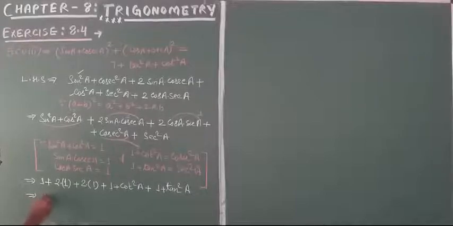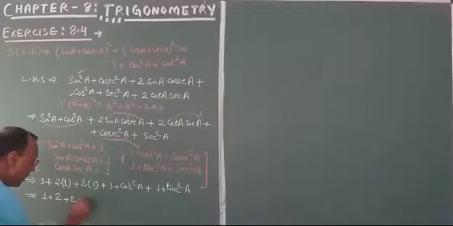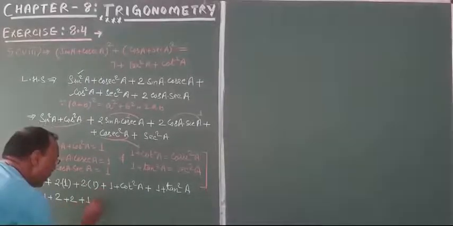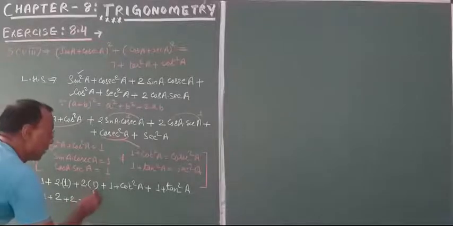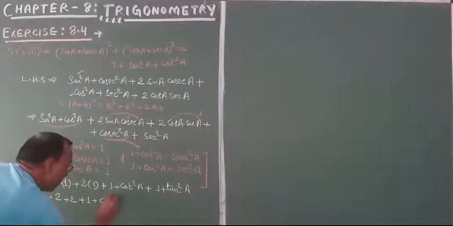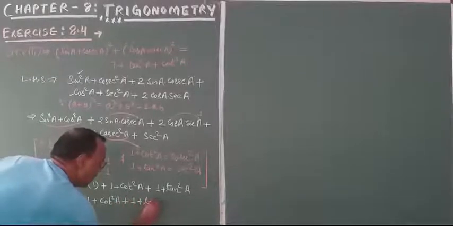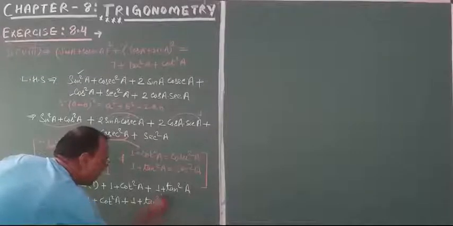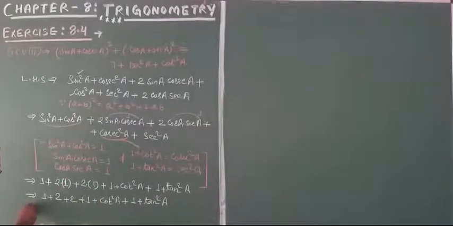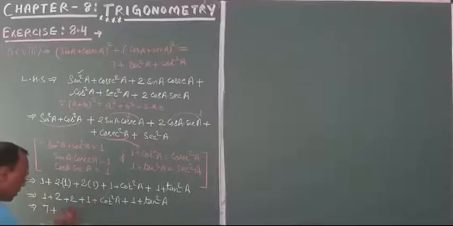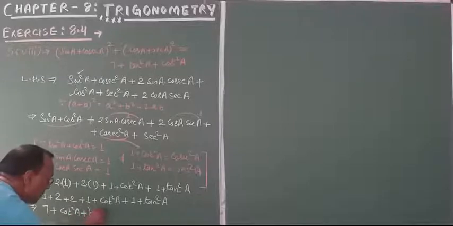This is 1, 2 1 are 2, again 2 1 are 2, plus 1, plus cot square A, plus 1, plus tan square A. Now just add up the numbers. What will you get? 1 and 2, 3, 2 to 5, 6, 7. 7 plus cot square A plus tan square A.